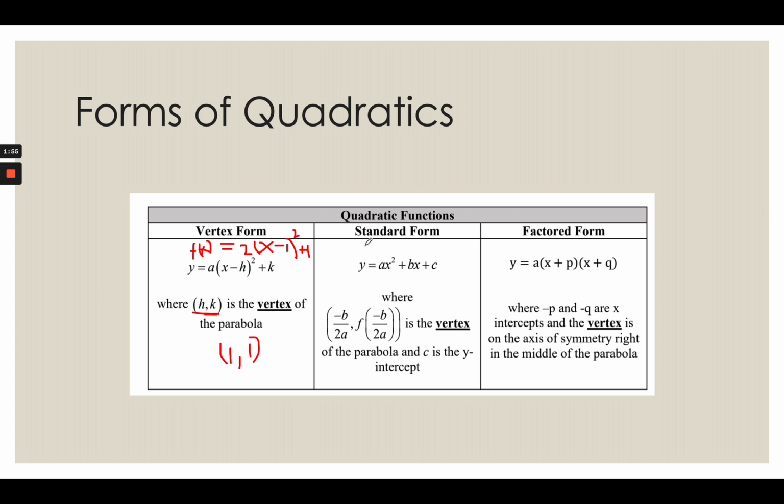Standard form, if we had some numbers plugged in, could look like this. Remember, standard form you should be a little more familiar with because we've been using it already in this unit. But we could have like 2x squared plus 4x plus 2.